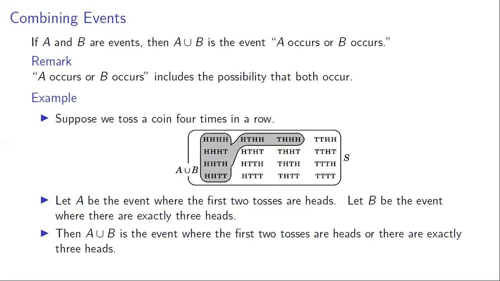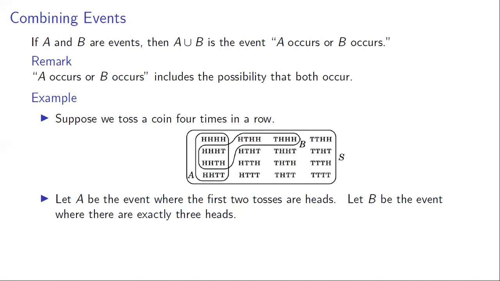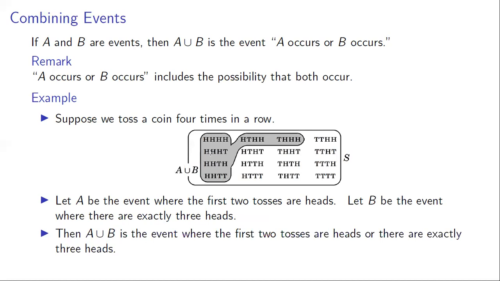Now, A union B is the event where the first 2 tosses are heads, or there are exactly 3 heads. So you see that A union B simply encompasses everything of A and B, and it also includes the overlap. Very important, it includes the overlap. That goes to the point earlier that when I say A occurs or B occurs, that includes the possibility that both occur.